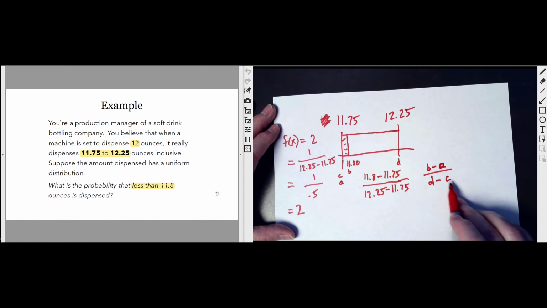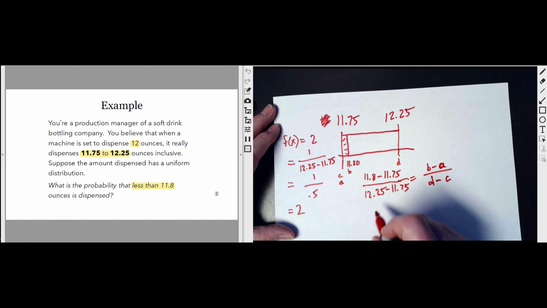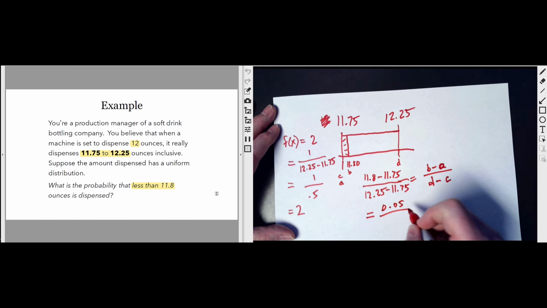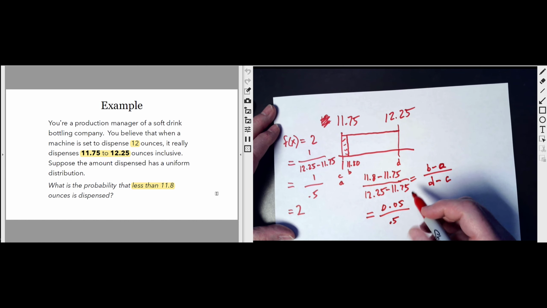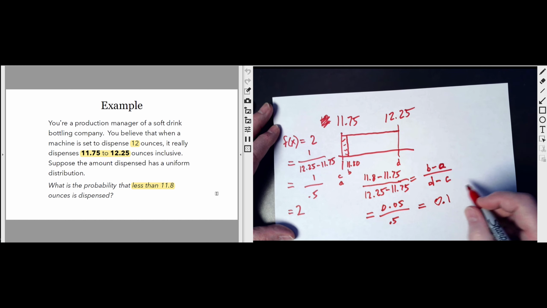So b minus a over d minus c, in our case, is 11.8 minus 11.75 over that, and that's going to be 0.05 over 0.5. So in other words, that's going to be 0.1, so 10%.